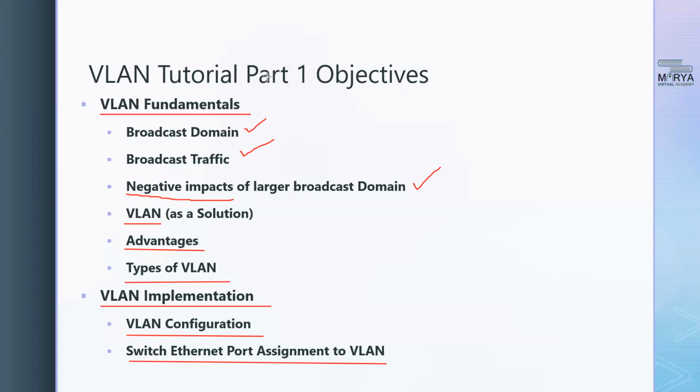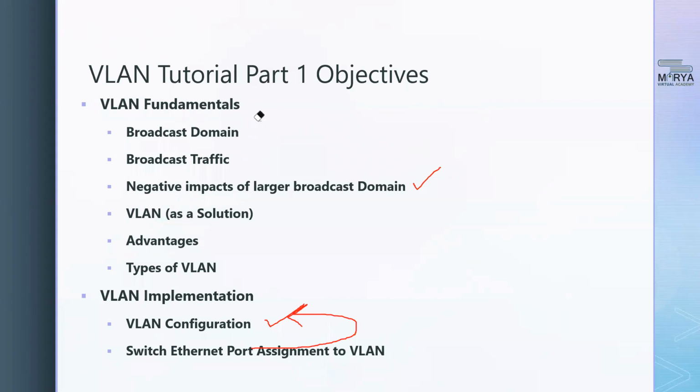Because we will create static VLANs, and you know that to static VLANs, we will assign Ethernet ports as a member. So these were the part one contents.